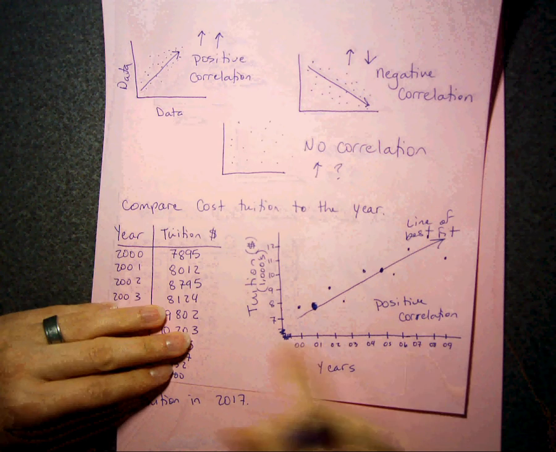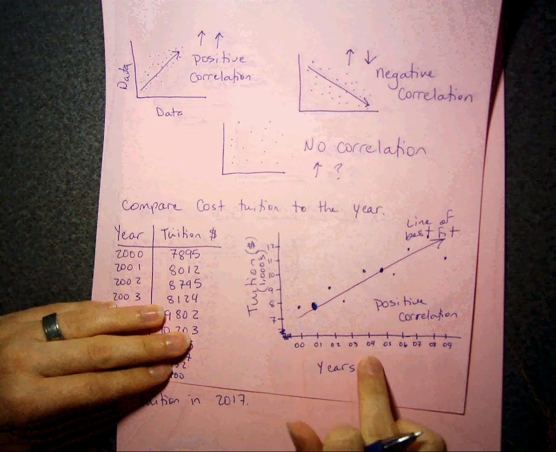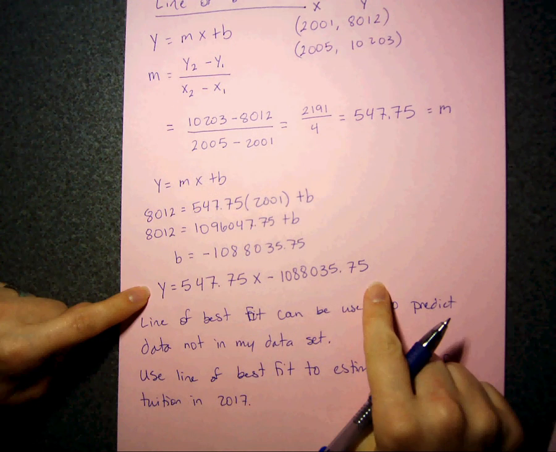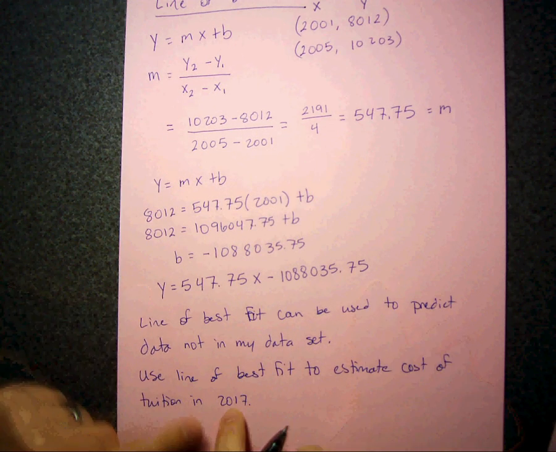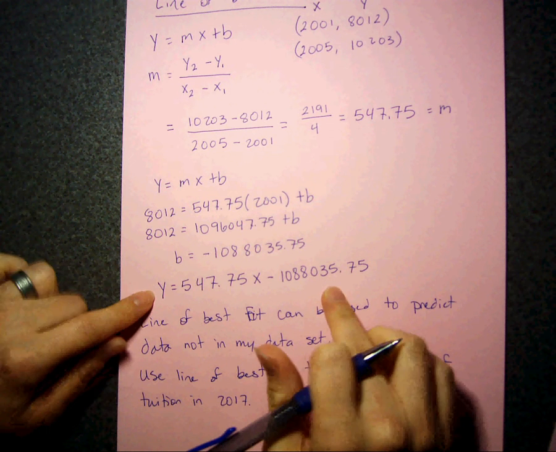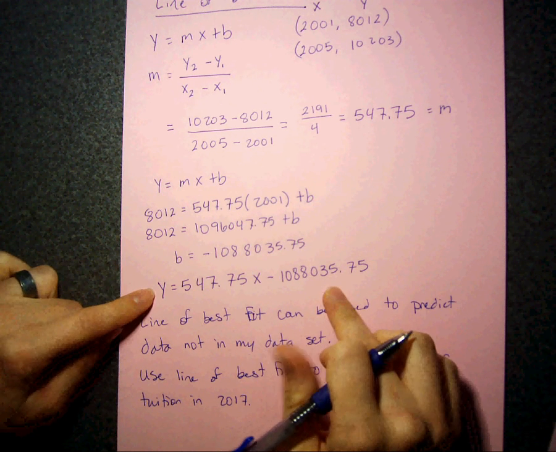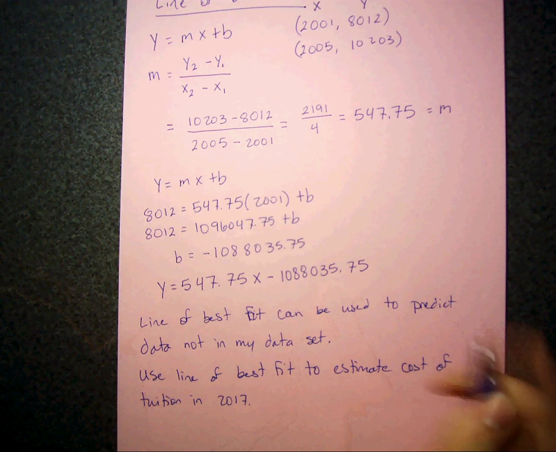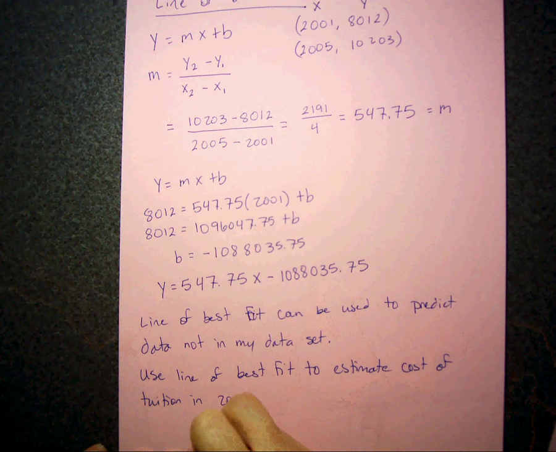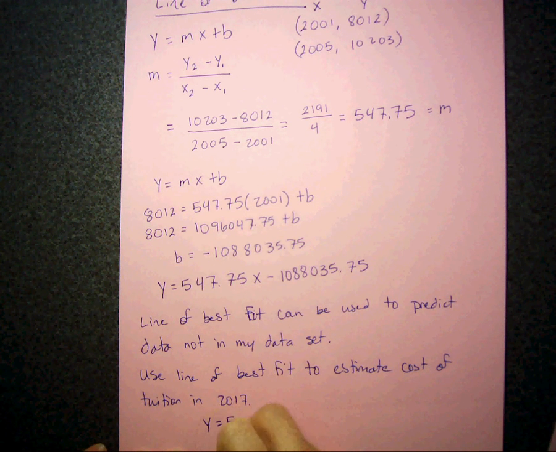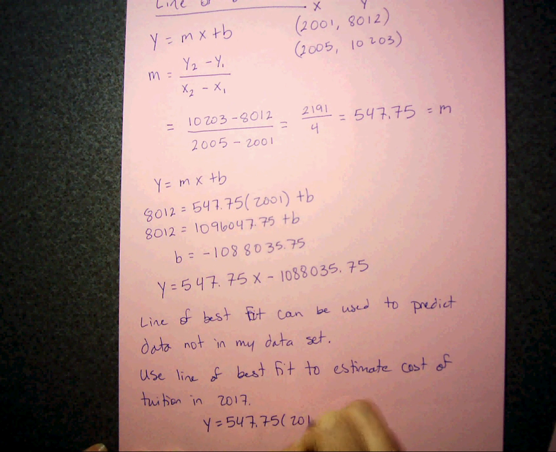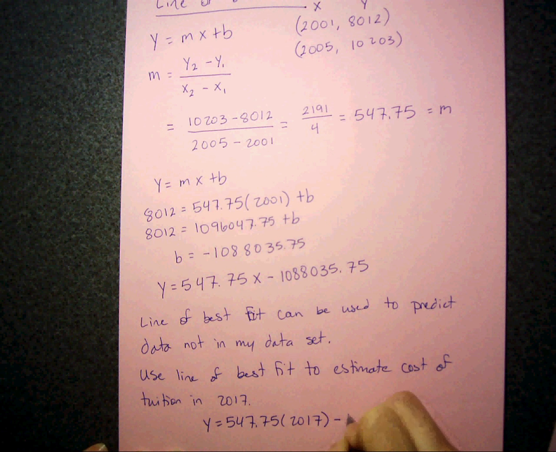And so I can just plug this into my line of best fit to get, hopefully, something that will resemble tuition in 2017. So I have y equals 547.75 times 2017 minus this very large number. And again, I can just pop that into my calculator.